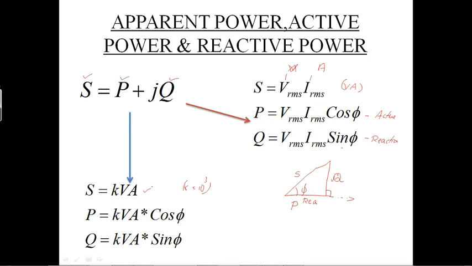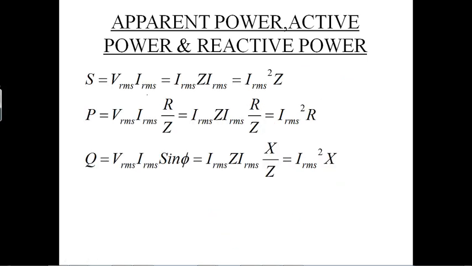We can write P as kVA into cos phi, and Q as kVA into sin phi. The unit of active power is kW, kilowatts, also known as wattful power. The unit of reactive power is kVAR, that is wattless power, right?